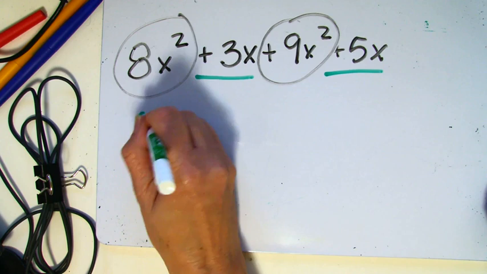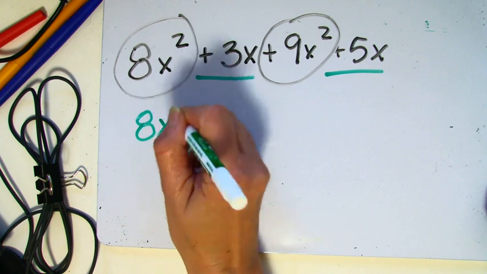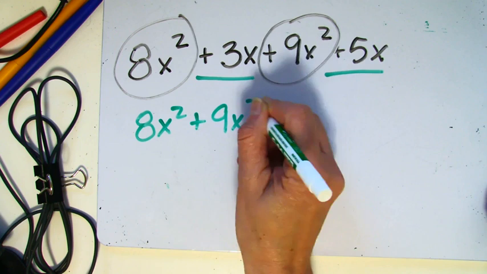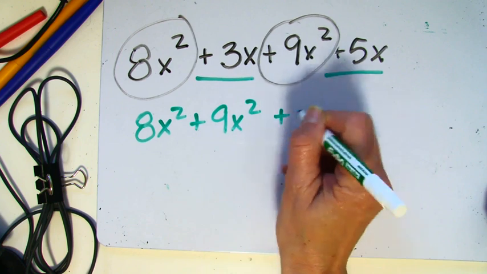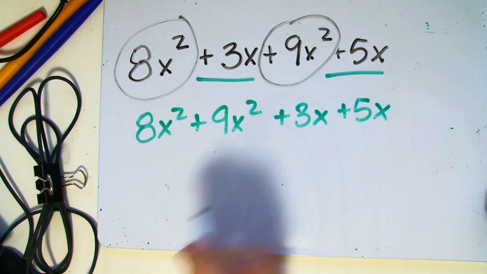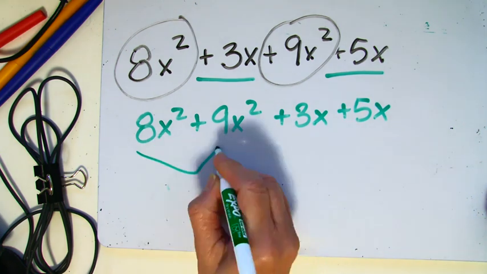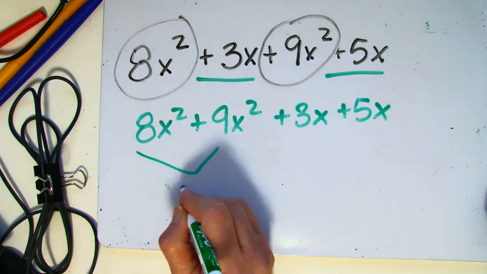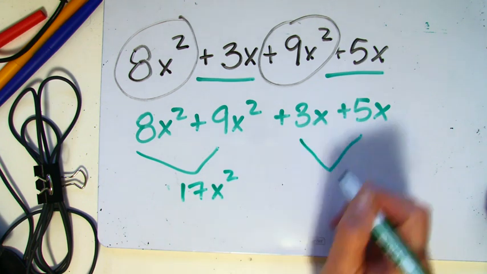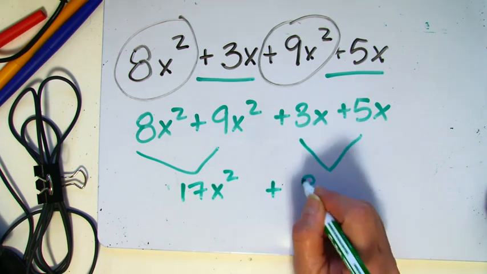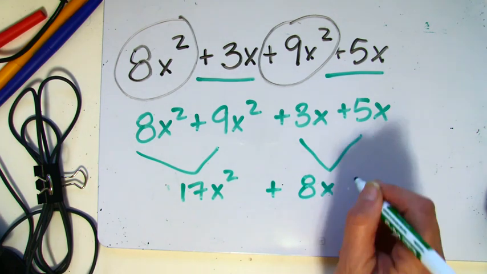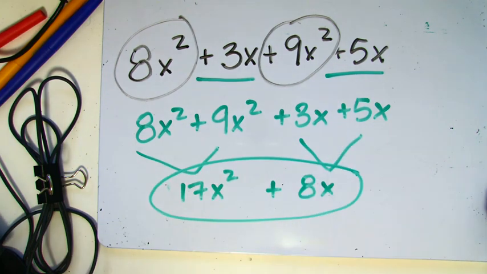I'm going to rewrite to combine my like terms. This part here can be combined to 17x squared. This becomes 8x. So 17x squared plus 8x is now simplified.